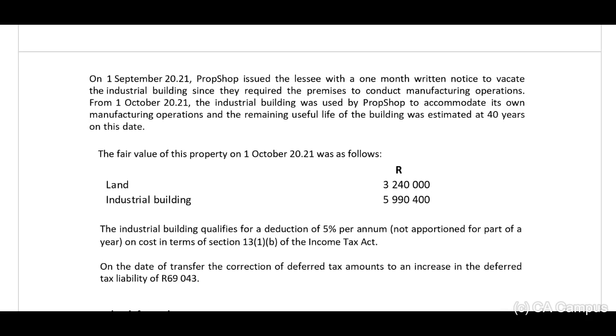Right, now, on 1 September 2021, PropShop issued the lessee with a 1-month written notice to vacate the industrial building since they required the premises to conduct manufacturing operations. From 1 October 2021, the industrial building was used by PropShop to accommodate its own manufacturing operations, and the remaining useful life of the building was estimated at 40 years on this date.